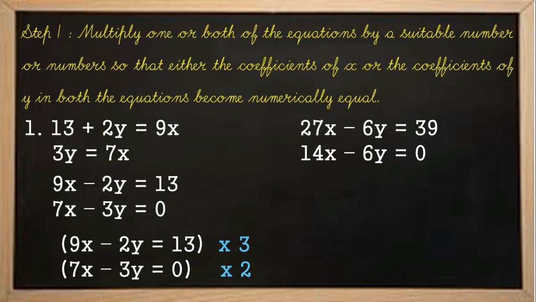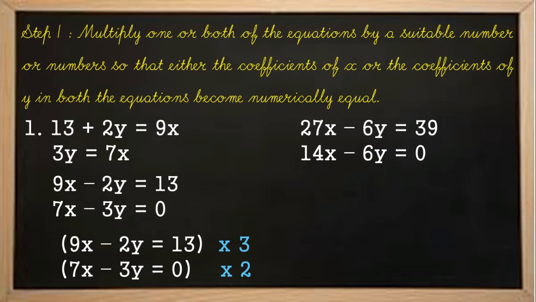What we did, children? We have multiplied both the equations by a different number. That is, first equation by number 3, second equation by number 2. How did we choose this 3 and 2? By observing the coefficients of y.